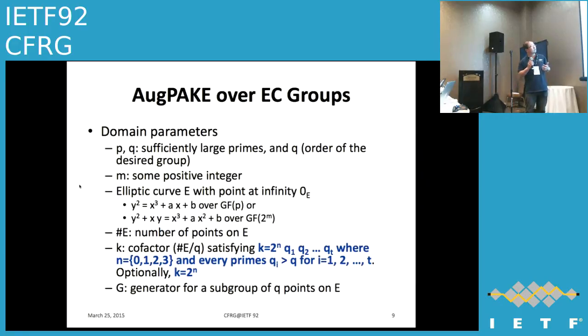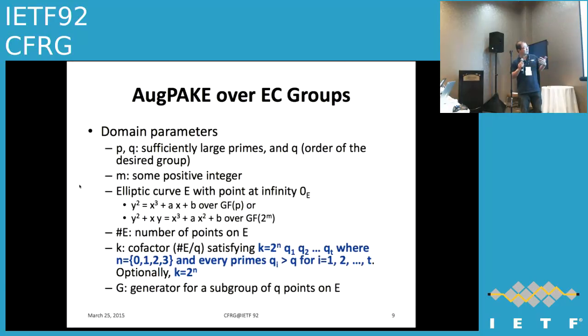From the -01 draft, we added an elliptic curve version of OPEC. These are the domain parameters that are generally used. In the parameters, we set the cofactor k to be 2 to the n times q1 times q2 times qt, where n can be 0, 1, 2, or 3, and every prime qi is greater than the order q for all i.